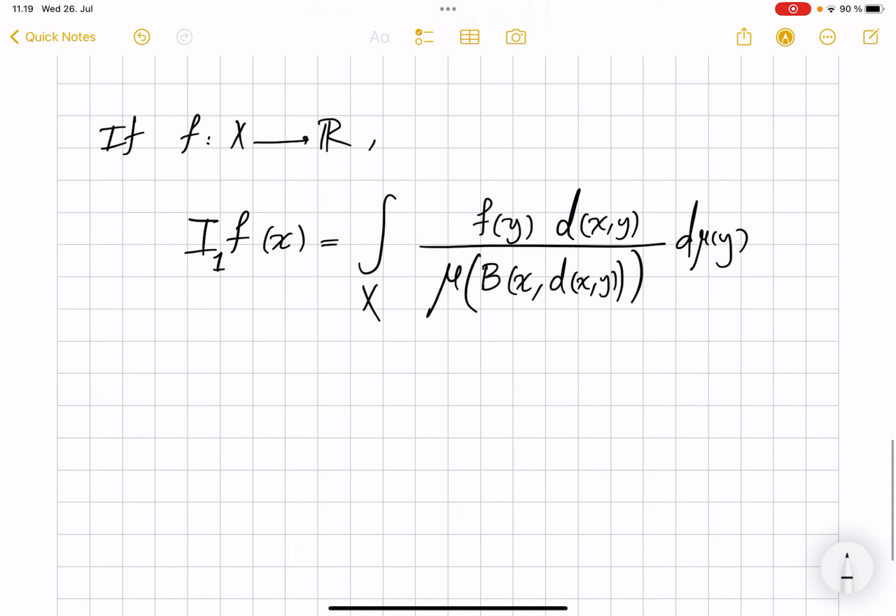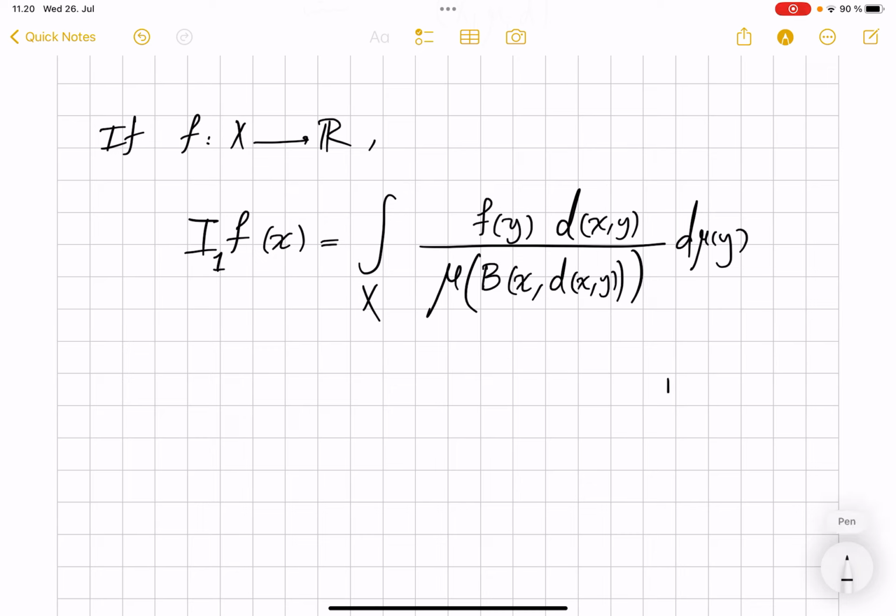And in a doubling space, for example, we have assumed that the measure of the balls is non-zero, so this makes sense. In the Euclidean space, remember that d(x,y) is just |x minus y|. This is, by the way, the notation Heinonen follows, because it's common notation that even in a metric space, if there is no confusion, instead of writing the distance of x, y, you just write this, although x minus y doesn't make sense.